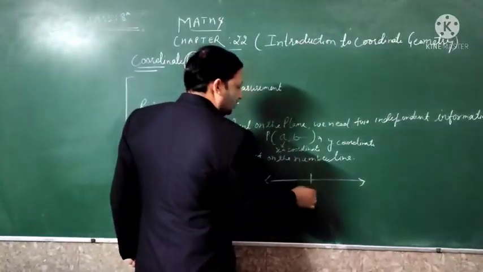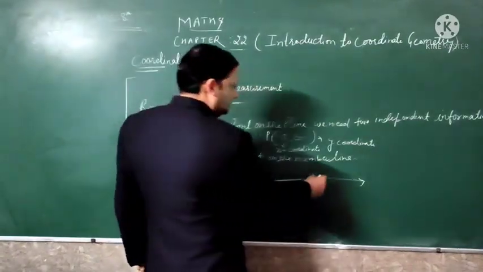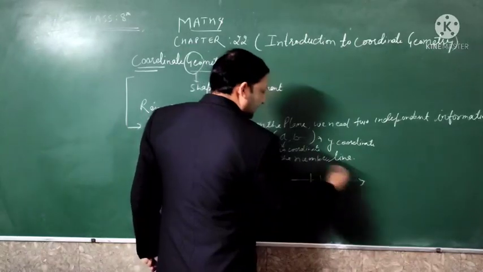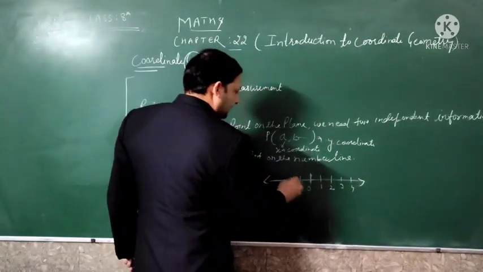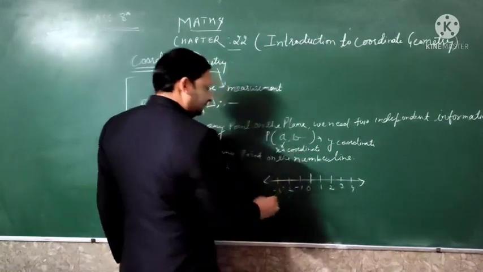Here we write O, meaning origin, that is zero. Then on the right-hand side the counting is 1, 2, 3, 4 positive, and on the left it will be negative: -1, -2, -3.